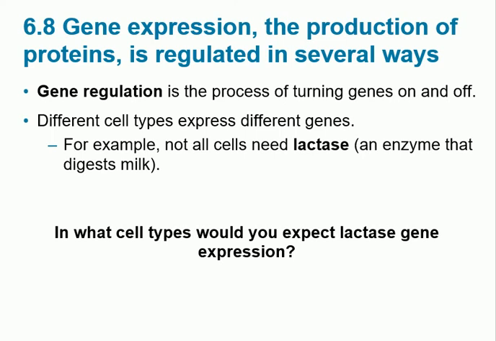Otherwise, if the genes are always on, you can get cancer, because who's going to stop the genes? So you turn it on as needed, and you turn it off when you don't need it. If it is completely on, this gene is responsible for this protein, it will make an unlimited amount.